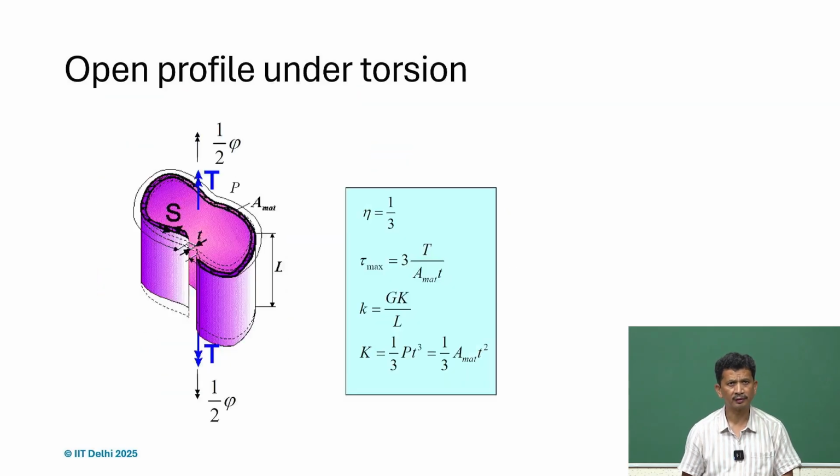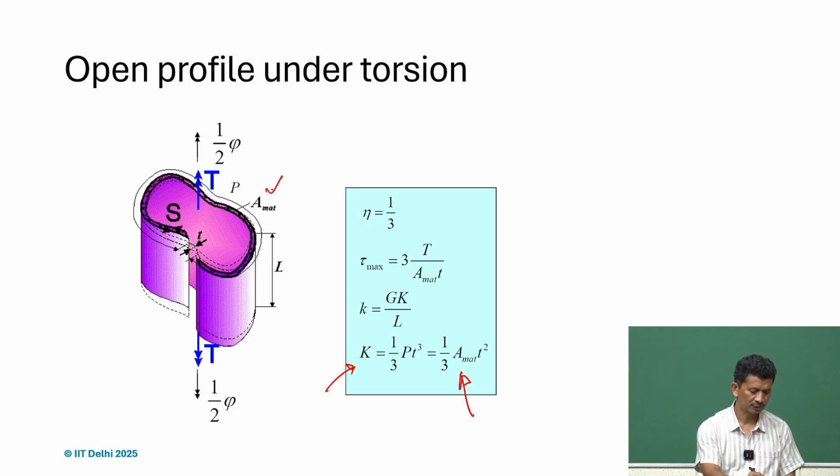In this case again we get K as 1/3 A material, where A material is the area of the actual material, times T squared, and the rotational stiffness is GK by L. So again, if it's a tube but with an open profile, it's not torsionally stiff, and under torsion we will find that it is very compliant.